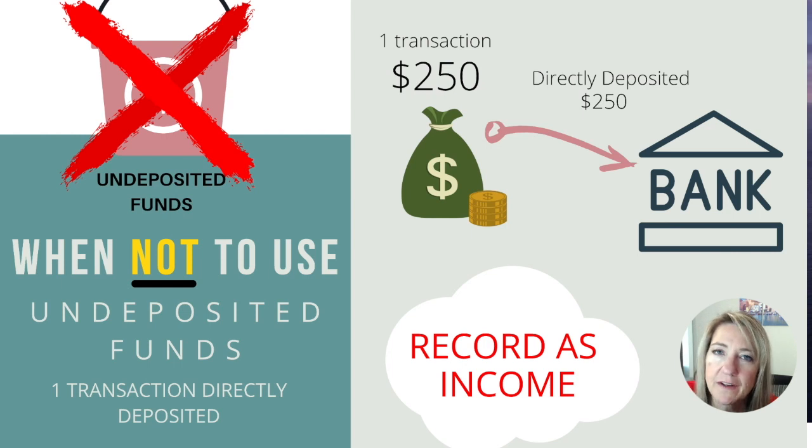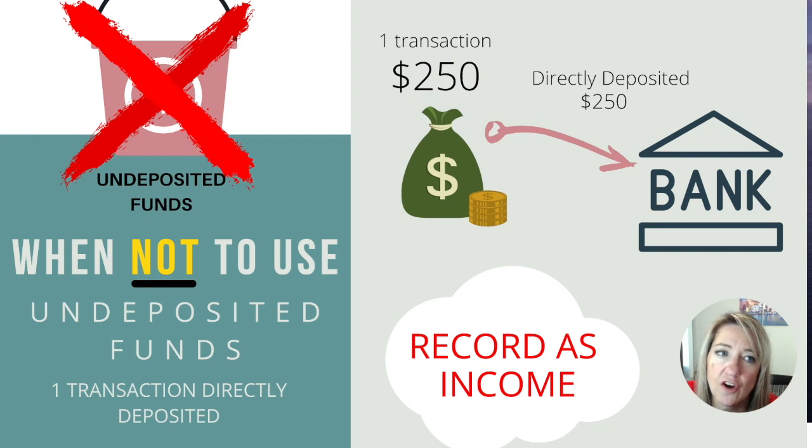Remember when we talked about not using undeposited funds when it goes directly into your bank? Well, now you have never actually touched it. You've never recorded it. So as it is deposited into your bank, then you do record it as income because it's not a transfer. You need it on your books, so you record it as income if it's directly paid to your bank.